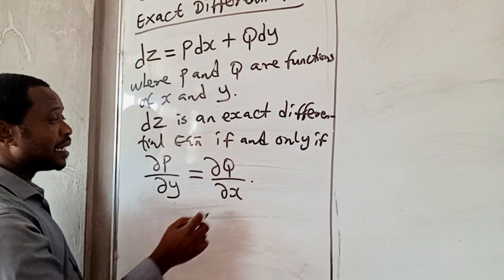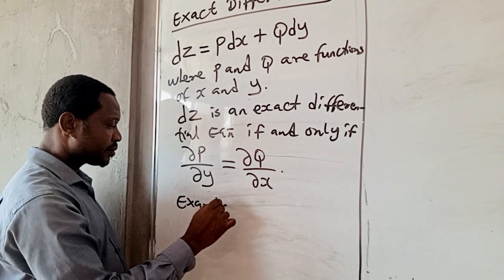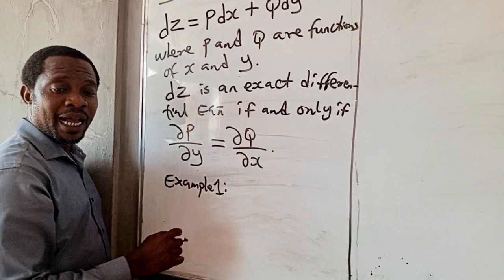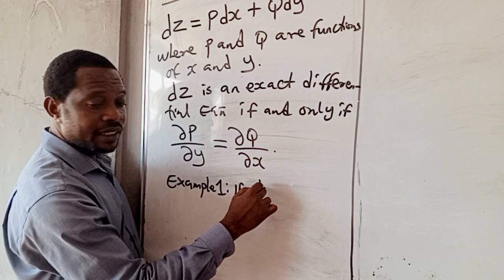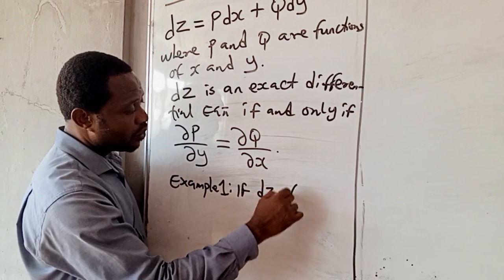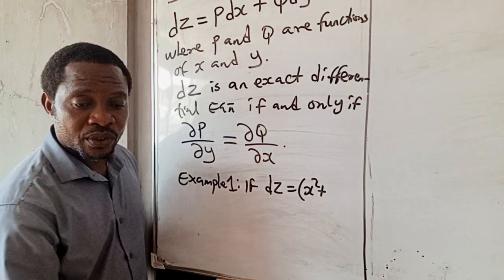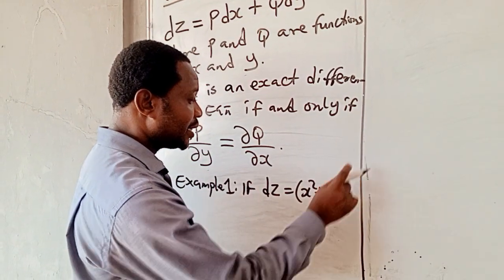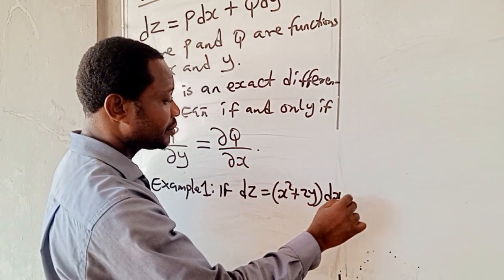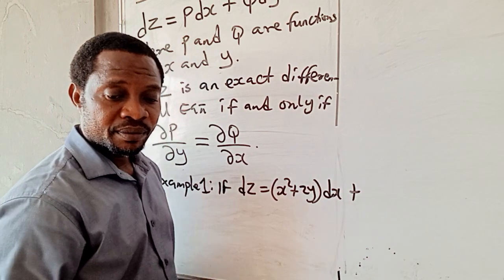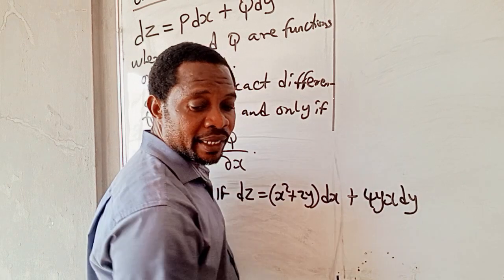So let's take one example. Example 1. If you are asked to check if dz, which is equal to x squared plus 2y dx plus 4yx dy.